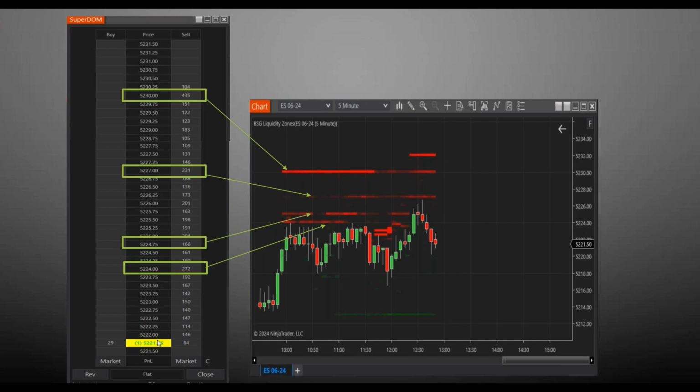That's why we created liquidity zones. What we do is convert the important high walls, because that means at this price there are limit sell orders, 435 contracts, 231 contracts.